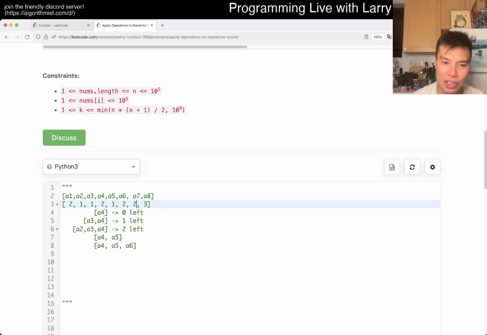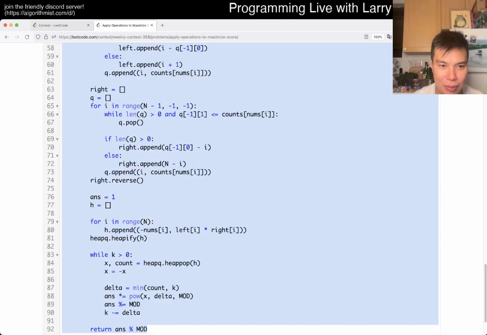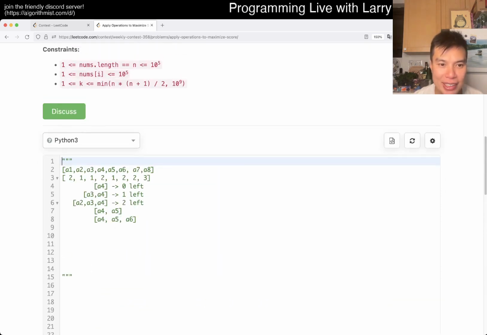Then you keep going until A8, where it has a 3, and if A4 is in the same group as A8, then it ties. So on the right side you can extend 0, 1, 2, or 3 numbers, and that's it.